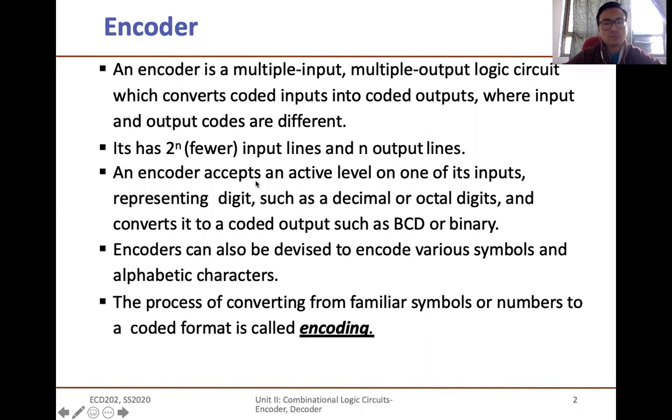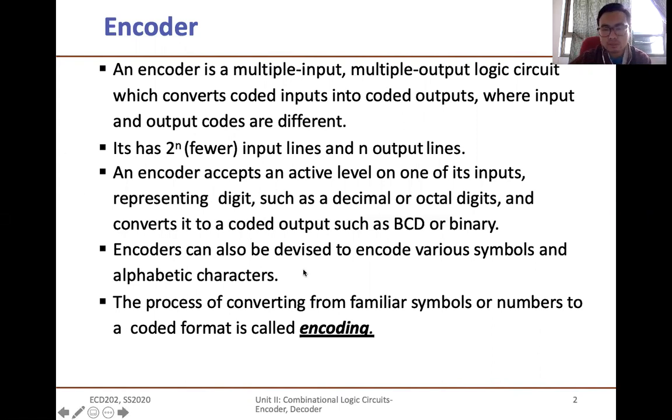So encoder will accept the active level on one of its inputs, which represents digits such as decimal or octal digit, and it will convert to coded output such as BCD or binary. As in the first sentence, the output and input code are different. So if your input is a decimal number, then your output should be binary or BCD.